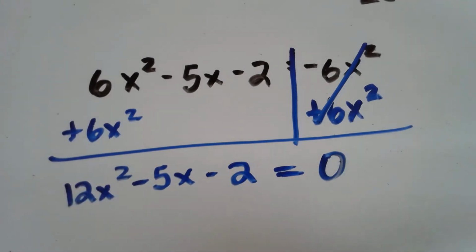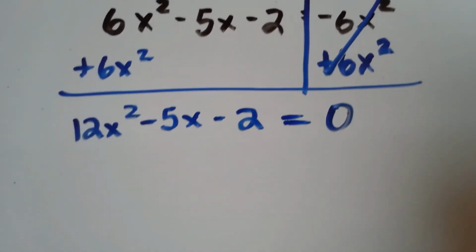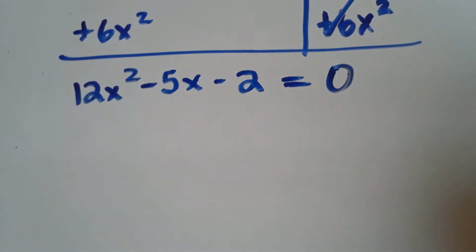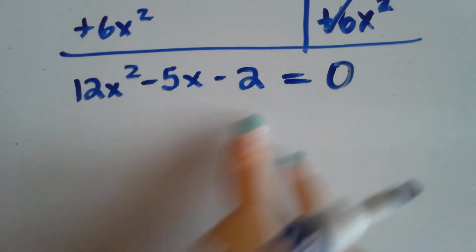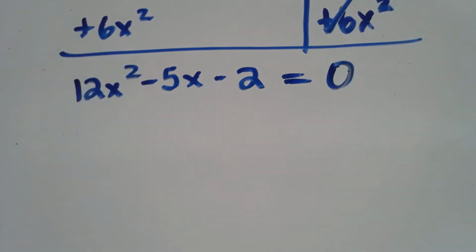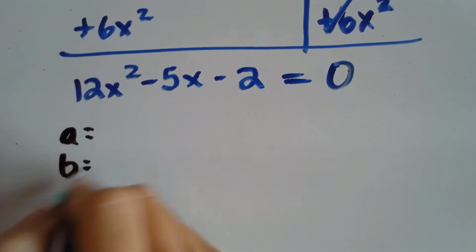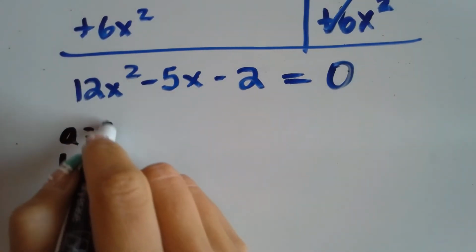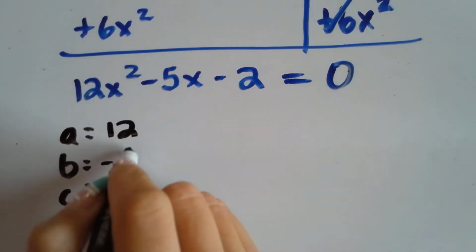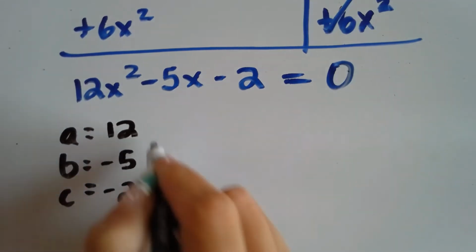Okay? Now, let's go ahead and factor like normal. We do not have a GCF here, so let's go ahead and do our A, B, and C. Our A is 12, our B is negative 5, and our C is negative 2.